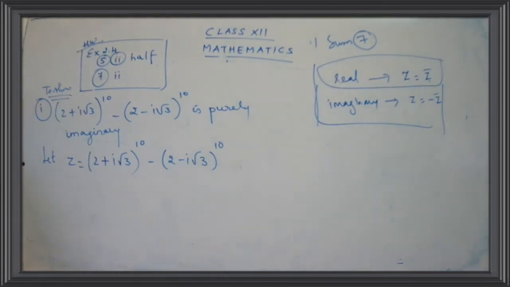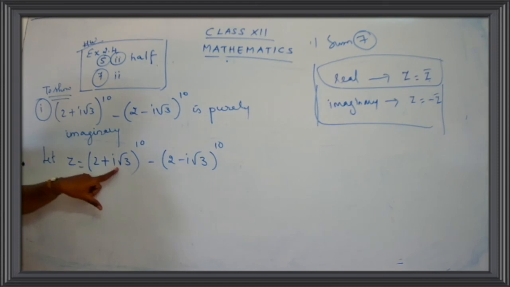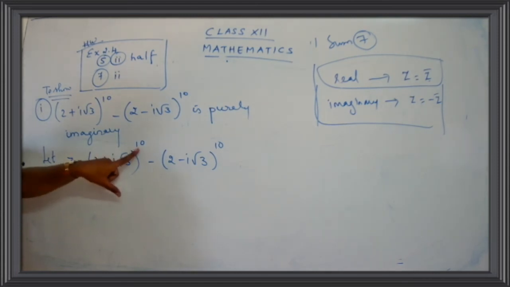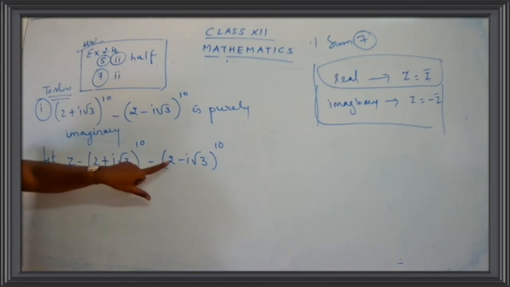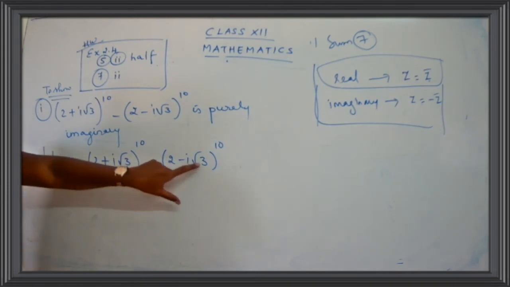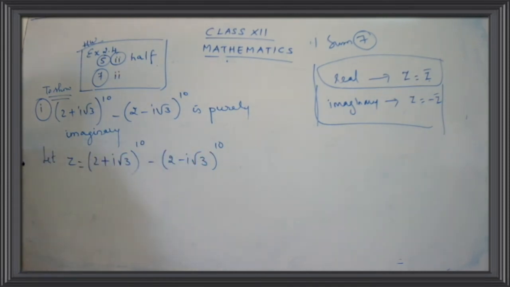Okay, children, what is the complex number given? (2 plus i root 3) the whole raised to 10 minus (2 minus i root 3) the whole raised to 10. Be careful, do not make mistakes when you take down the question. You have to copy down the signs carefully.